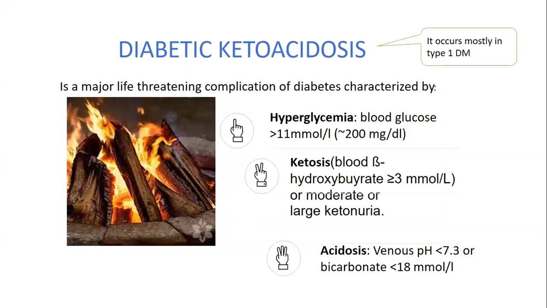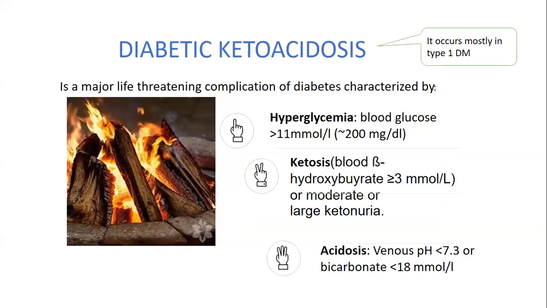So diabetic ketoacidosis is a major life-threatening complication of diabetes that is usually characterized by hyperglycemia, that is blood glucose level more than 11 millimoles per liter, and ketosis, blood beta hydroxybutyrate more than 3 millimoles per liter.